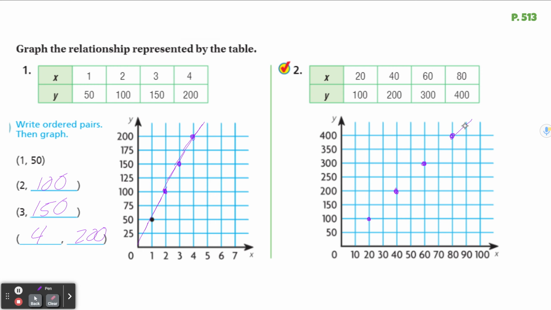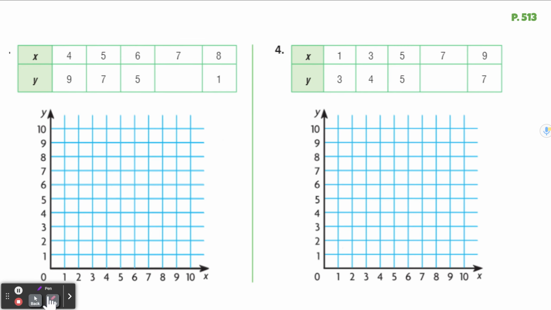And when I graph them, I should have a nice line. So we've done work like this previously in different lessons. Let's go ahead, and the last ones that we're going to try are questions 3 and questions 4.